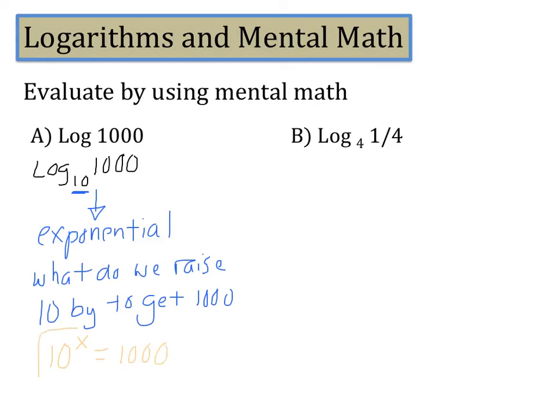Once again, exponential form, logarithmic form. Now this is something we can do in mental math. Basically we're thinking, how many times do we multiply 10 by itself to get 1,000? We know that 10 times 10 times 10 equals 1,000. So our answer here is 3. The answer to this log of 1,000 equation is just 3.